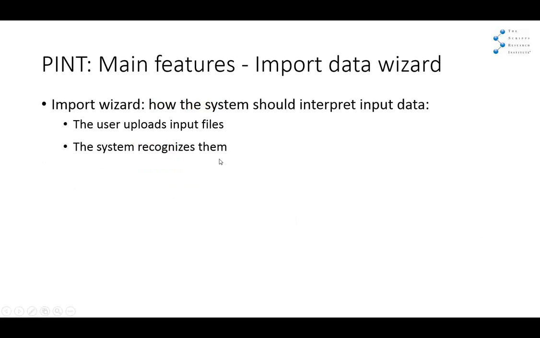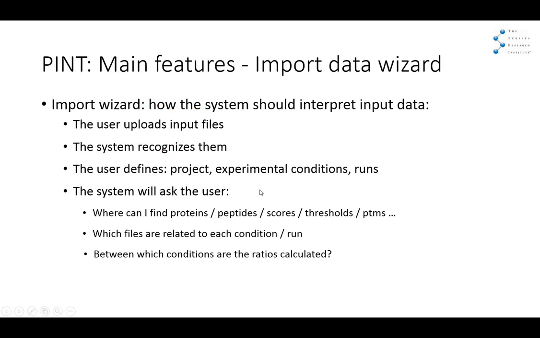So the user has to upload the input files, the system has to recognize them, and then the user defines the experimental setup, the experimental design, so the project, the experimental condition, the runs, etc. And then the system will ask the user, where can I find the proteins, the peptides, the score, the thresholds, the PTMs, if they are available in the Excel file, which files are related to each condition or run, for example, between which conditions are the ratios calculated, etc.